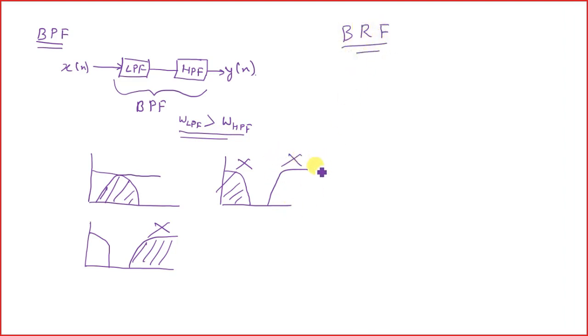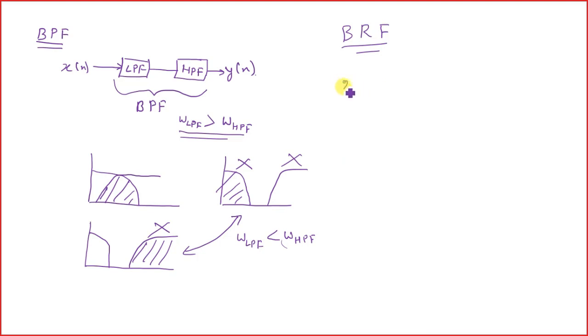If you look into these two categories, here what was happening? LPF was lower than HPF. So when you have this condition, it can help you in designing the band reject filter.